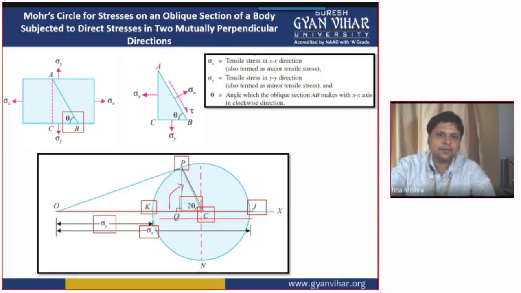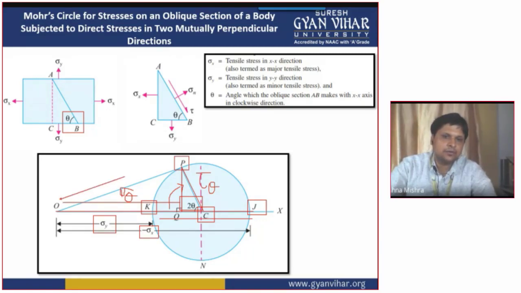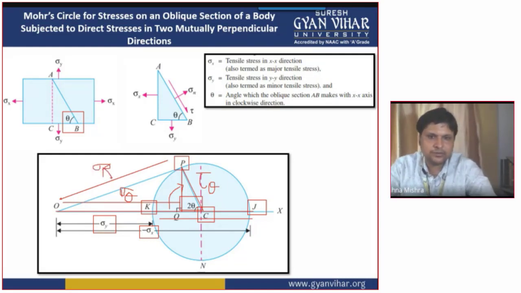The point we get on this circle is known as point P. When we draw a perpendicular line from this P on the x-axis, this PQ will represent the value of tau theta, and this distance from here to here will give you the value of sigma theta. And how do we calculate the resultant? The resultant is given when you join this O with this P. All right, I hope this is now understood.